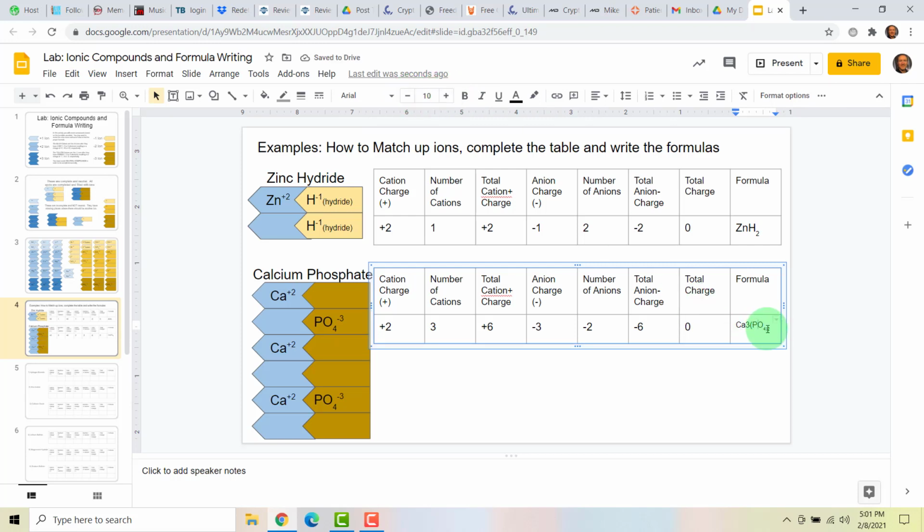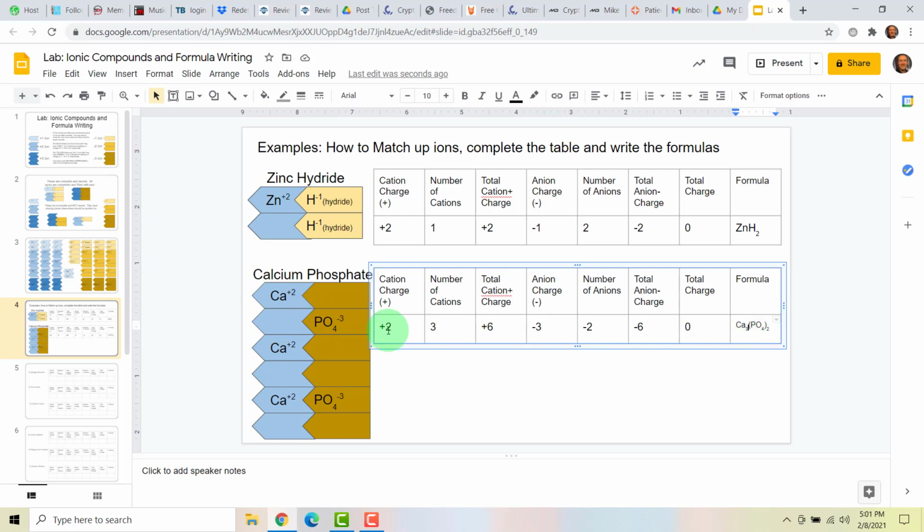So I have PO4, I want to make sure that that parentheses is a little bigger, so we're going to unsubscript it. So pressing the control comma again would take away the subscript. And if I put my subscript back there again, highlight it, control comma, makes it look nice and neat. And so we have Ca3, because there's 3 Cas, and then PO4, that's in parentheses.